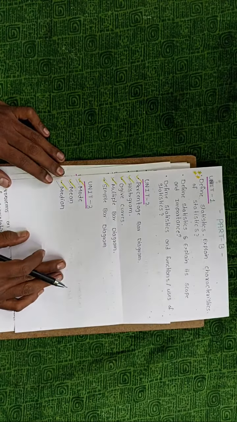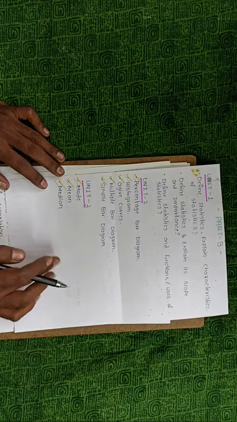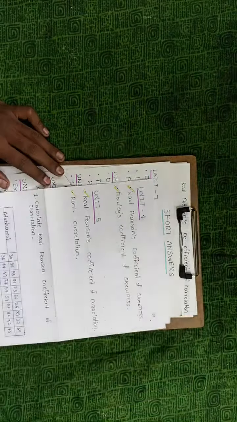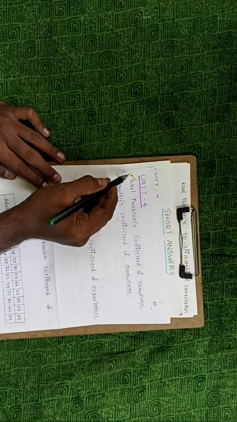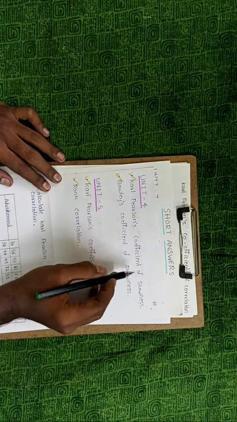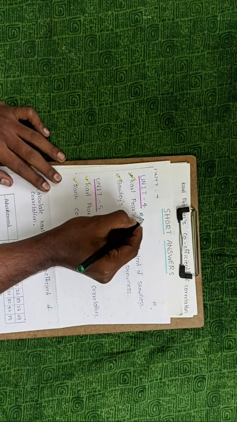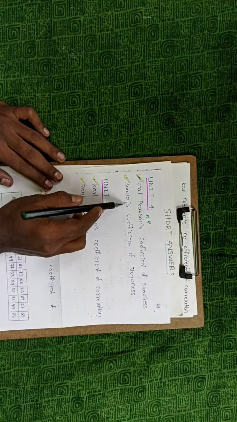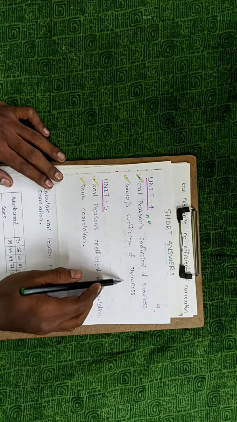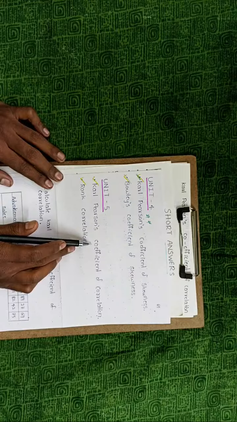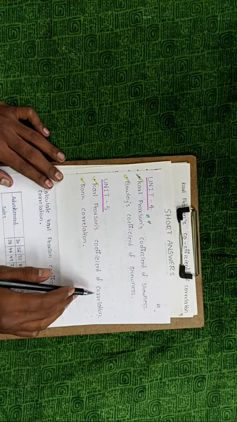In unit 3, you have to prepare only 3 problems like mode, median and mean. In unit 4, the important question is Karl Pearson coefficient of skewness. This is the most important question. Definitely you will get this question. And Bowley's coefficient of skewness. In 5th unit, Karl Pearson coefficient of correlation and rank correlation.